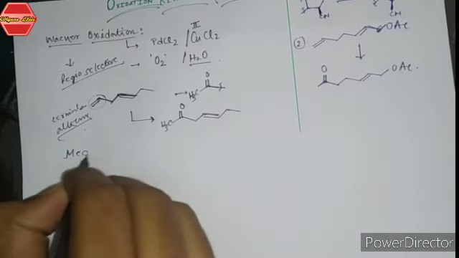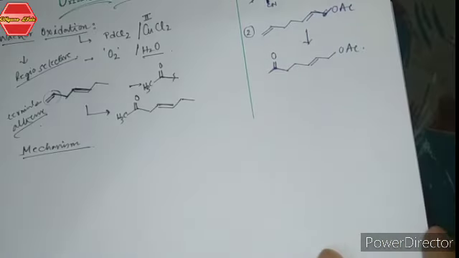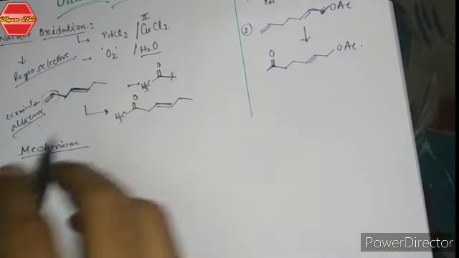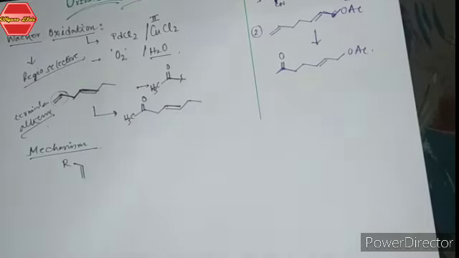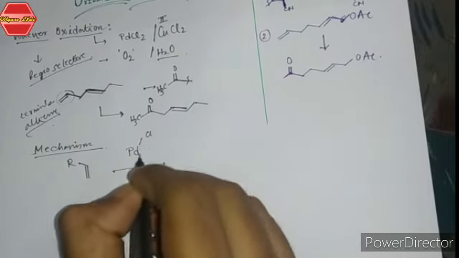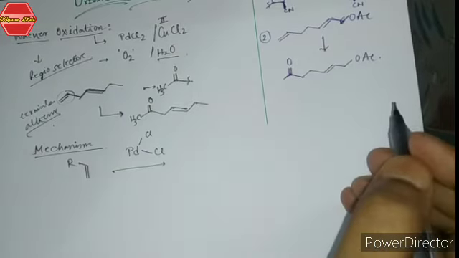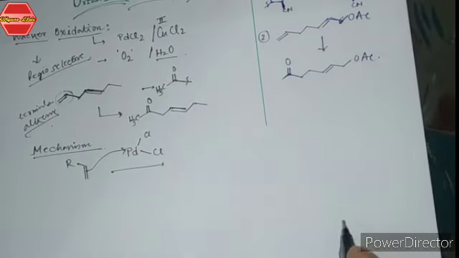See the mechanism. First we take an alkene like this, and we have given this palladium chloride. Okay, this is palladium chloride. Now this double bond will attack this palladium.